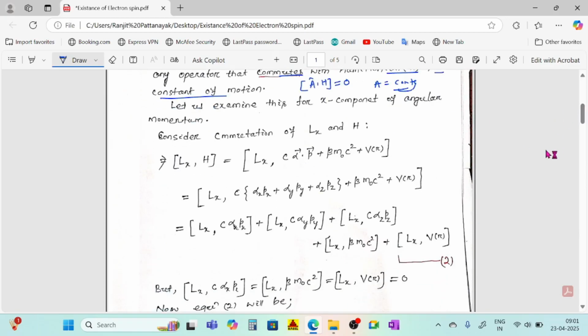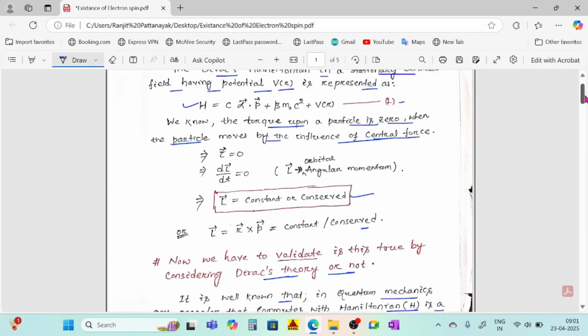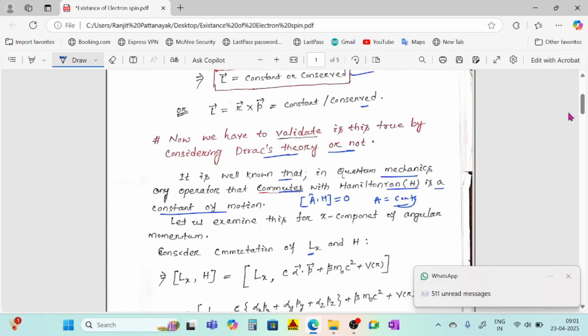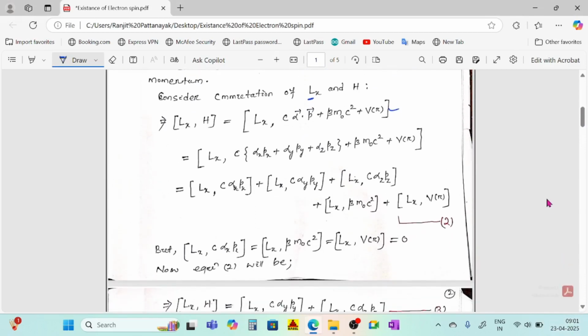For that we consider the x component of angular momentum. So the commutator of Lx with H, whatever I wrote in equation number 1, I have written the same here: c alpha dot p plus beta m naught c square plus V(r). Here alpha dot p is alpha x px plus alpha y py plus alpha z pz.